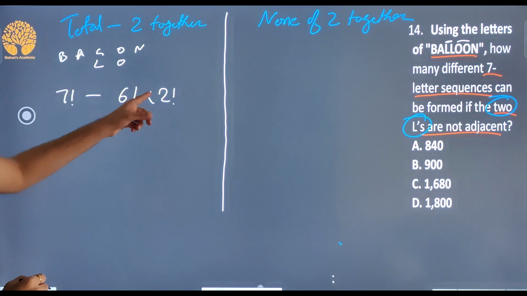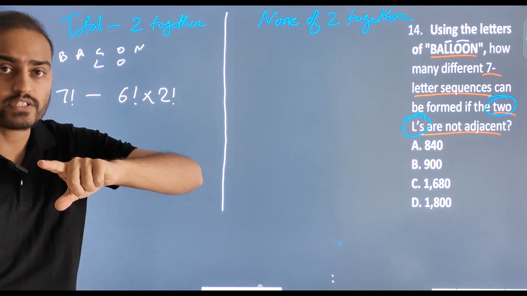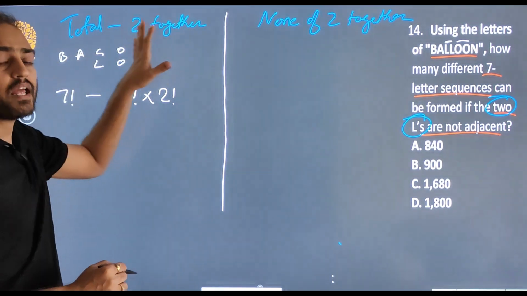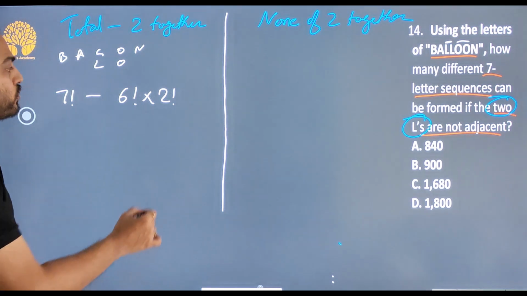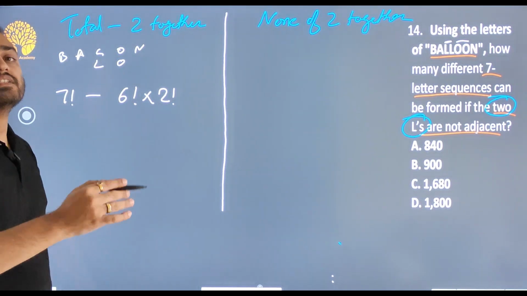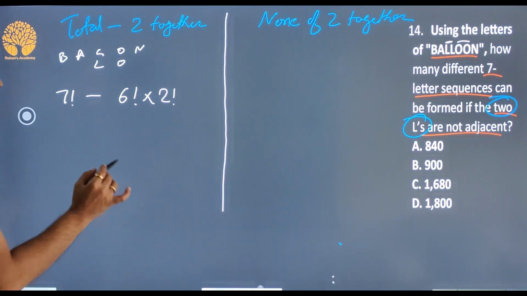Remember why times 2 factorial? Because whenever I'm solving a redundancy question, by default, I assume initially that everything is different. So don't think, oh, the 2 L's are together, so why are we multiplying? Initially, we consider everything different. So 6 factorial times 2 factorial.